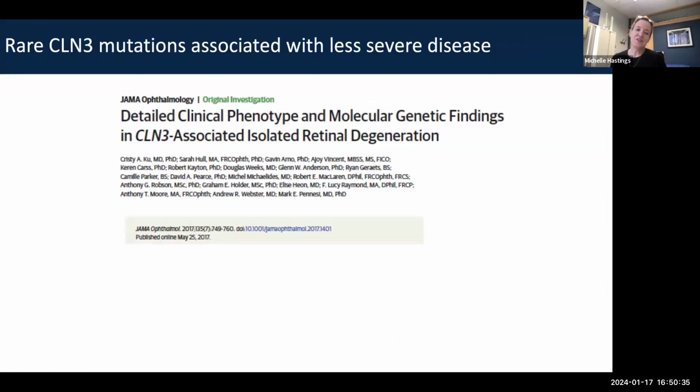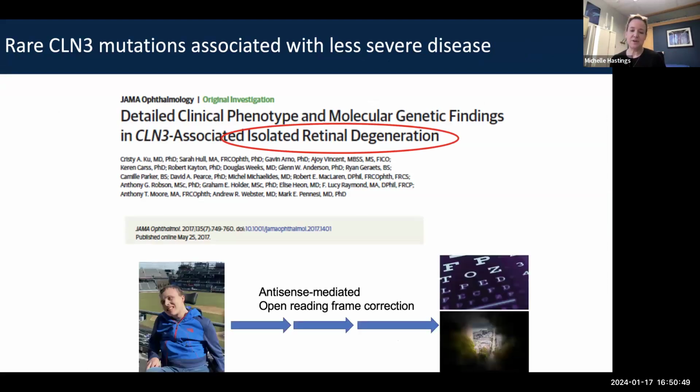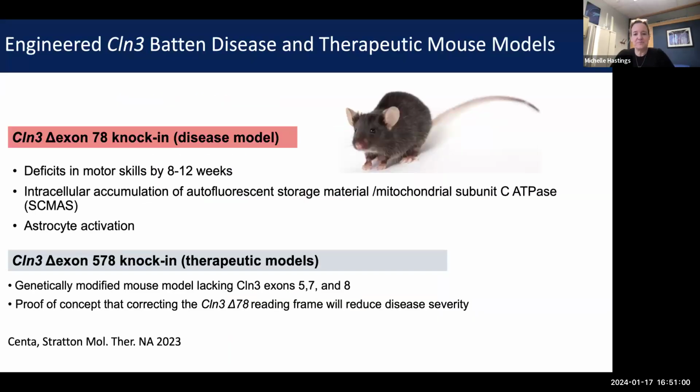And further rationale: in rare cases of this disease, there are people that have mutations in CLN3 and all they have are retinal or vision problems. So our real hope is that we can take a very severe disease, do open reading frame correction with our antisense oligonucleotides, and make a less severe disease, ideally with even minimal visual deficits.